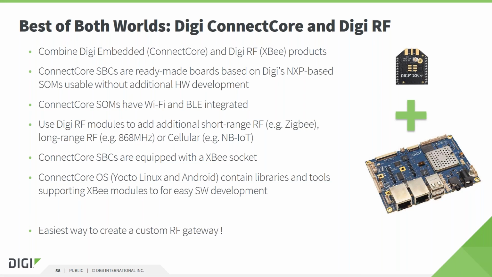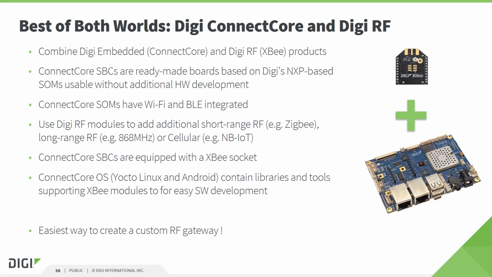Those single board computers are ready-made boards which can be used without additional hardware development. The Digi SOMs on those SBCs have Wi-Fi and Bluetooth already integrated. By adding a XBee module, you can extend the wireless capabilities with, for example, 2.4 GHz ZigBee, sub-gigahertz, or cellular.